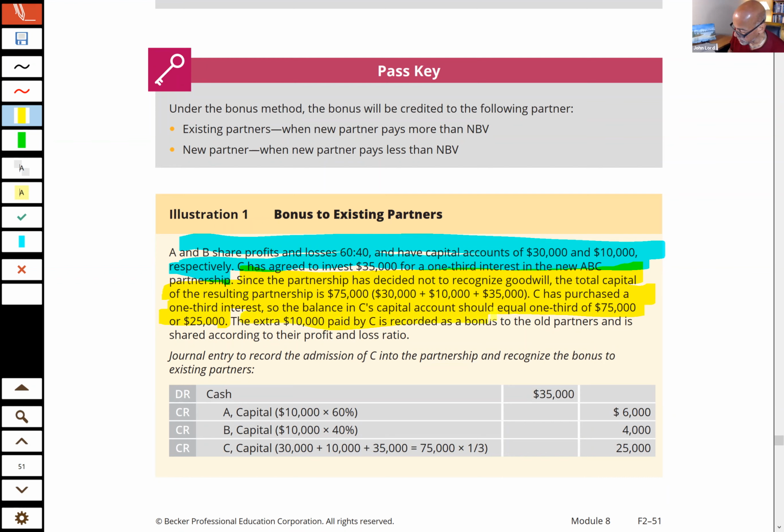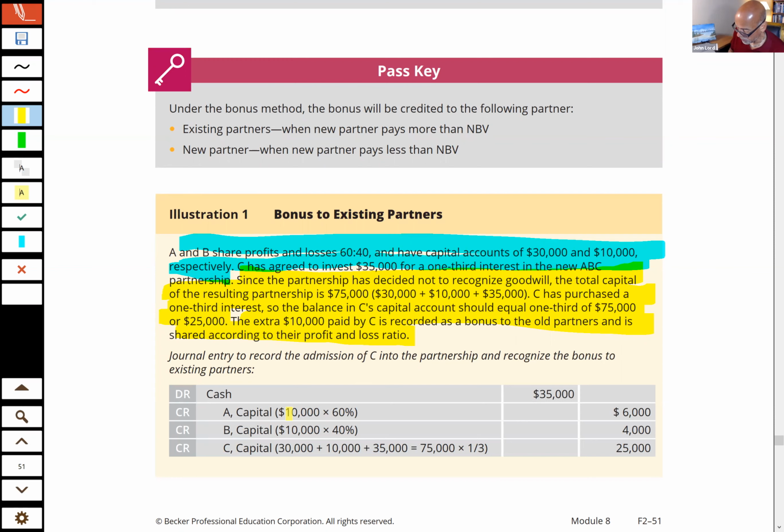So C has purchased something worth 25,000, but what's happening? The extra 10,000 must be a bonus to the old partners, right? Because he's bringing in 35, but he's only getting a 1/3 interest in something that's worth 75,000. So he's only getting 25,000 worth of value. So what happens?